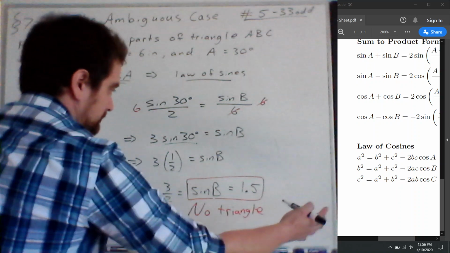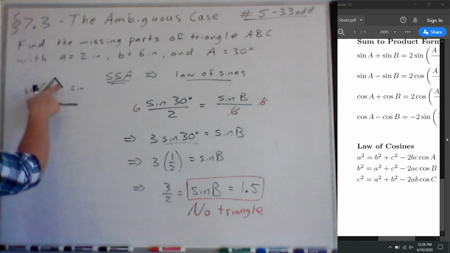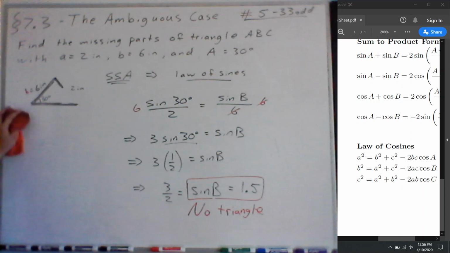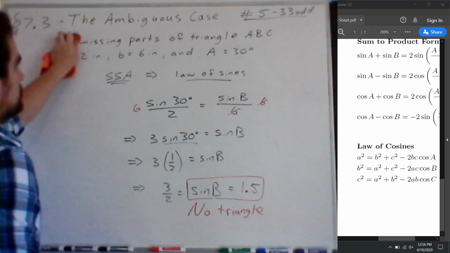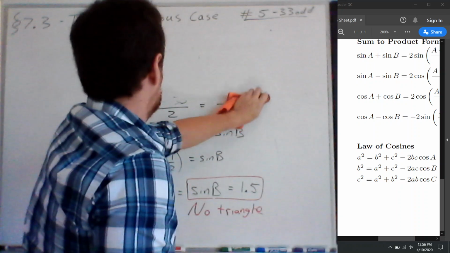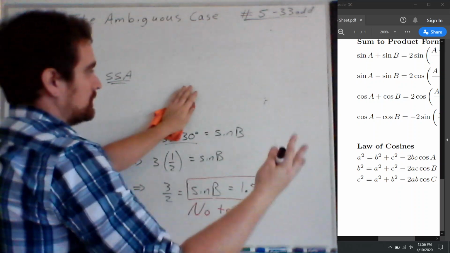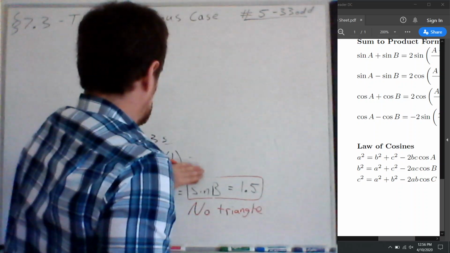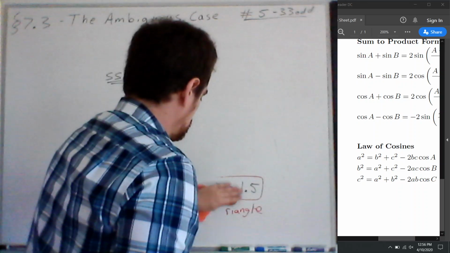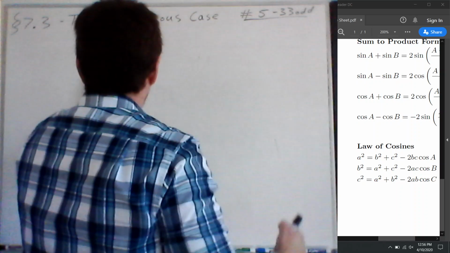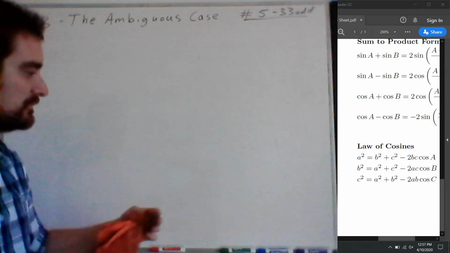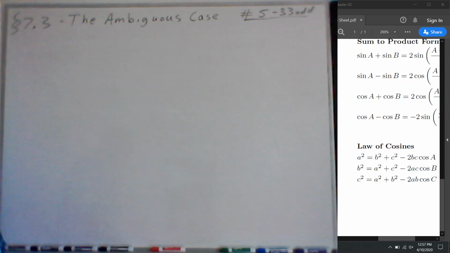This just means with these numbers, this side's not even long enough to give us a triangle. So that is one situation that can happen with this side-side angle case. It can actually produce no triangle. Obviously, that's not the best case because there's nothing to do. We just say there's nothing and we move on to something else.